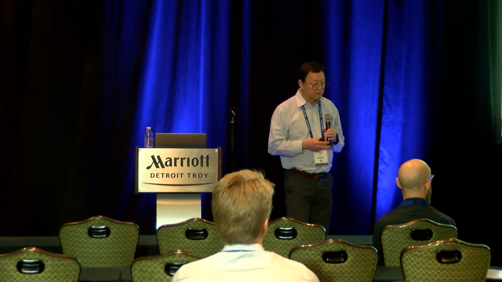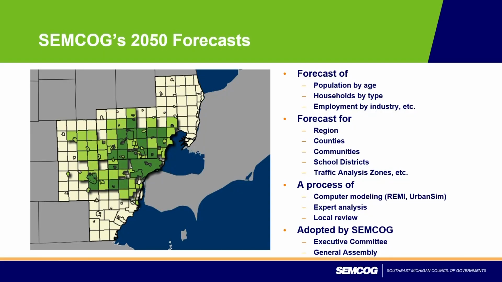So for the next few minutes, I'm going to use our long-term forecast as an example to just show you how we develop and use data for planning purposes. Every 5 years, we do a regional demographic and economic forecast. There are two purposes for doing the forecast.